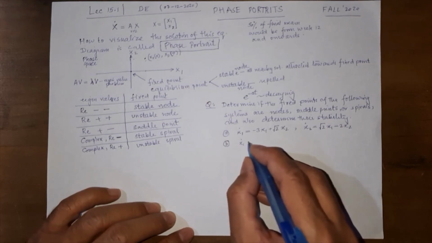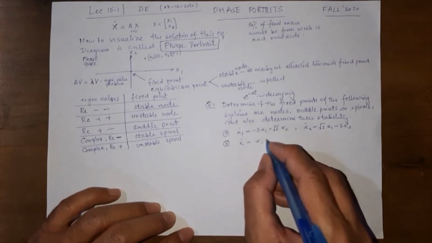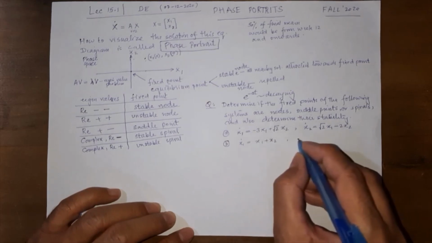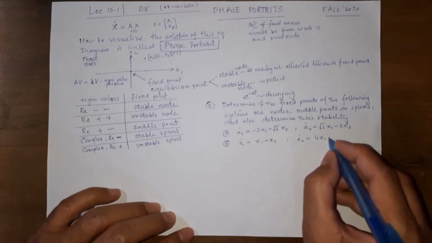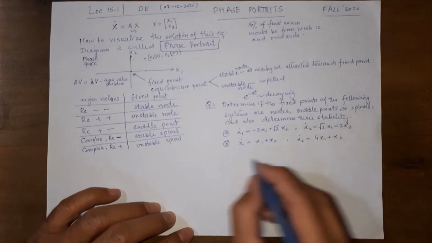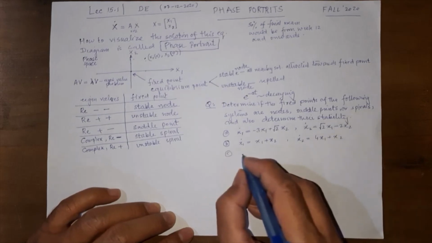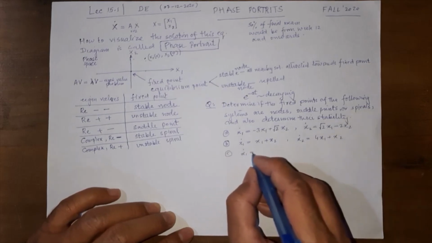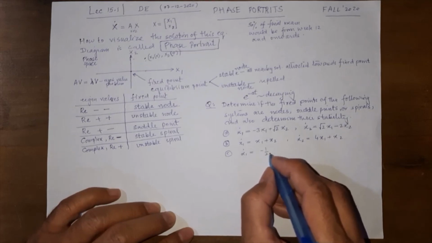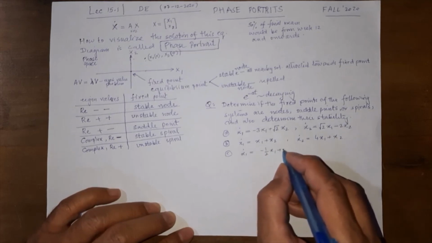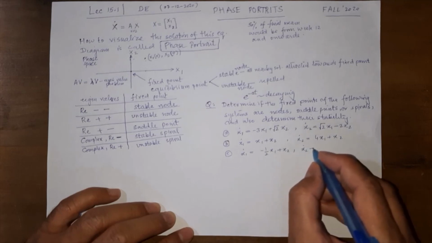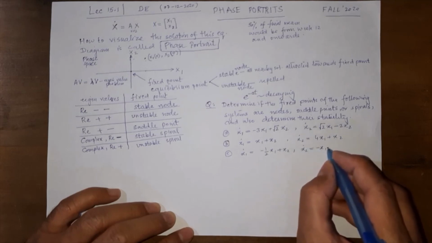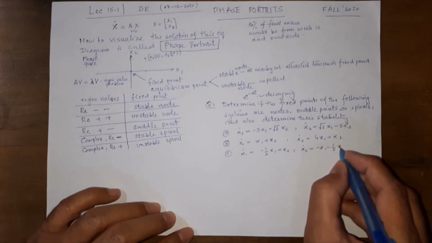Say x1 dot is equal to x1 plus x2, x2 dot is equal to 4x1 plus x2. Or x1 dot is equal to minus half x1 plus x2. Don't do all of these, pick any one and try to solve it on your own.